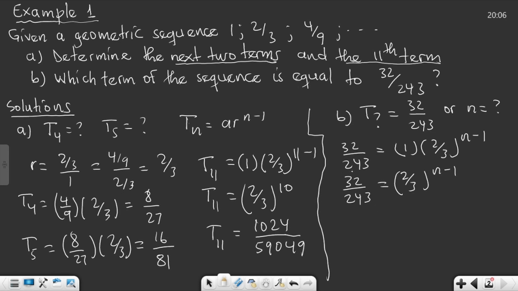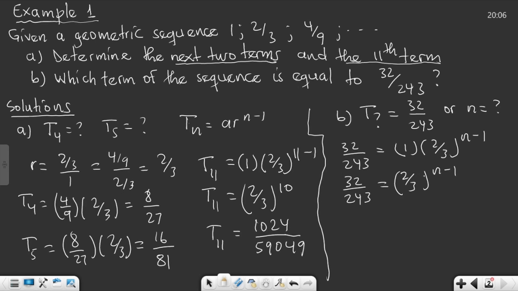Can I change my 32 to 2 to some exponent? Can I also change my 243 to 3 to some exponent?